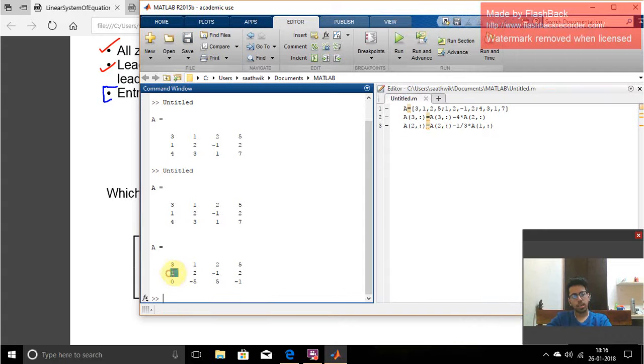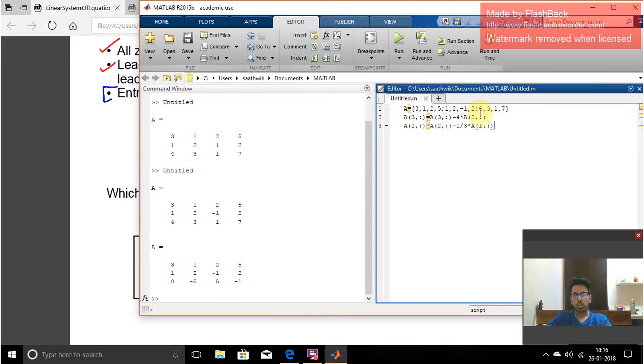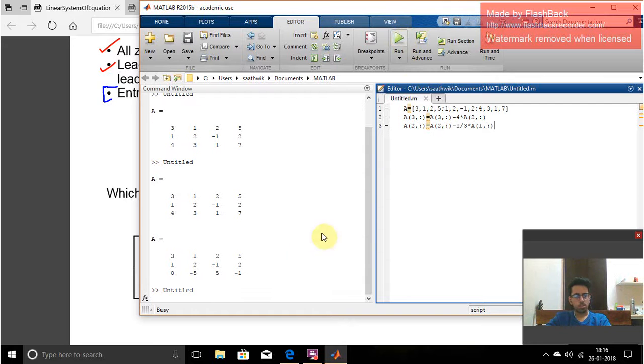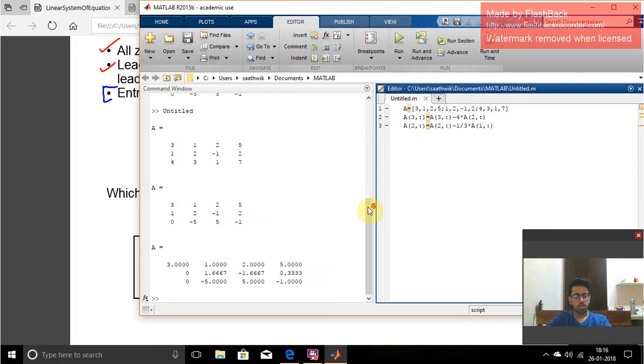Now we'll get this element as 0, and the elements below the leading entry of our first row, the first column, would be 0. So this is the final matrix we would get.